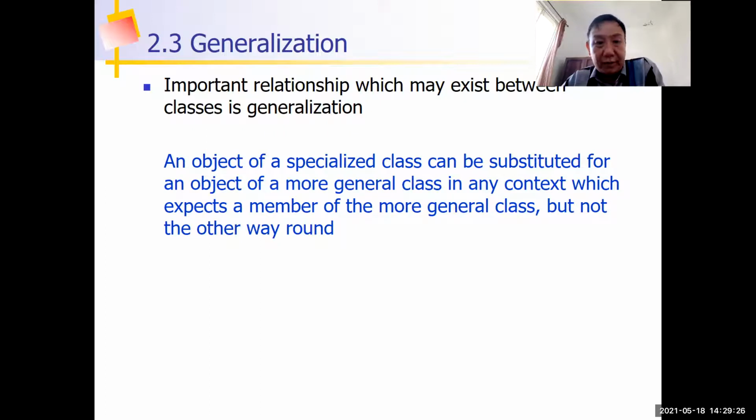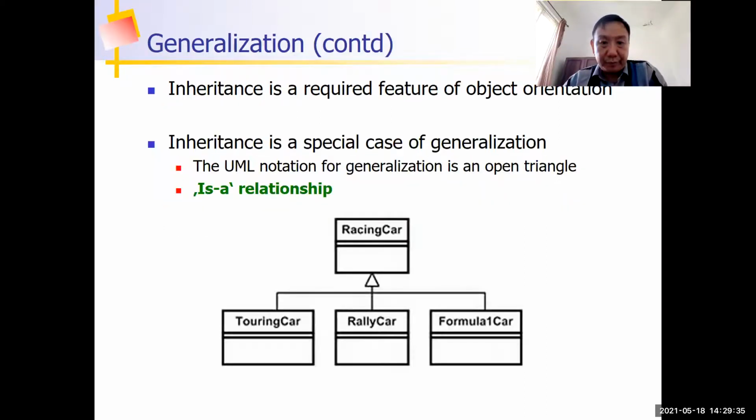The third one is generalization. What is this? Inheritance. This is a specialized parent and children relationship. Example here: Formula One car is a racing car. Rally car is a racing car. Touring car is a racing car.